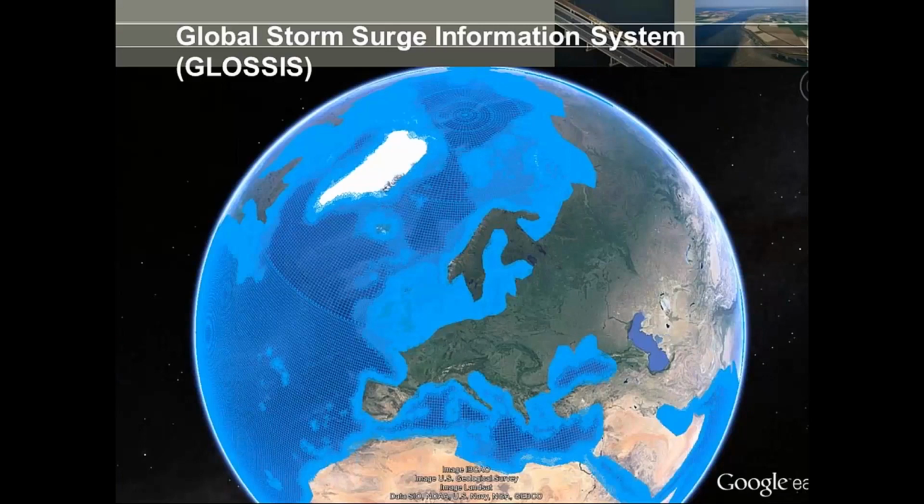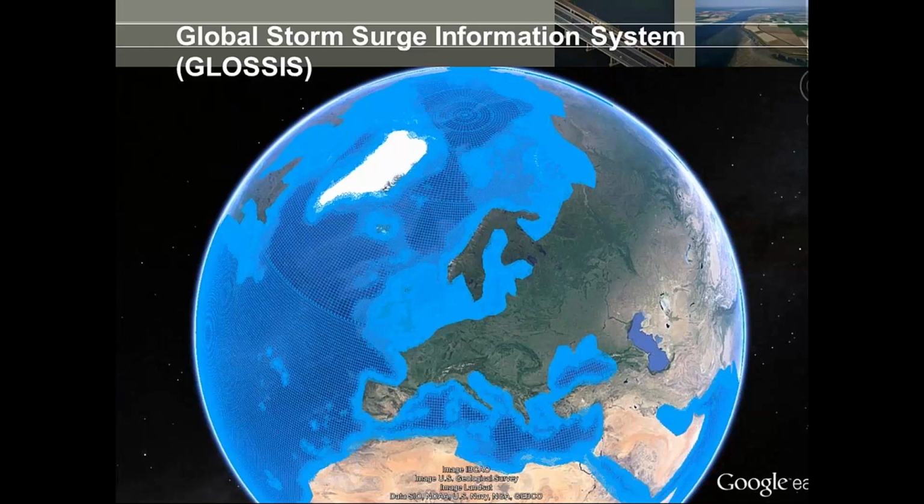Apart from the practical applications, we also have research-oriented projects funded by Deltares' internal budget that try to explore the capability of our software. For example, here the Global Storm Surge Information System, GLOSSIS, actually provides the opportunity to simulate the storm surge and water levels across the globe, actually in near real time.